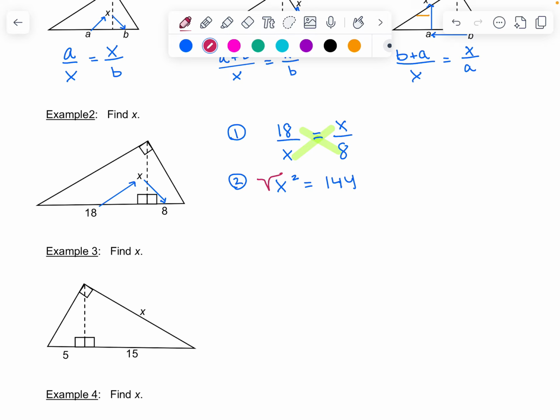We're going to take the square root of both of those, and this is why it can be very good to know your perfect squares, because if you try and simplify 144, you're going to have a little bit of an issue because it's already a perfect square. So the square root of 144 is 12, and so we would know that x equals 12 in this case.